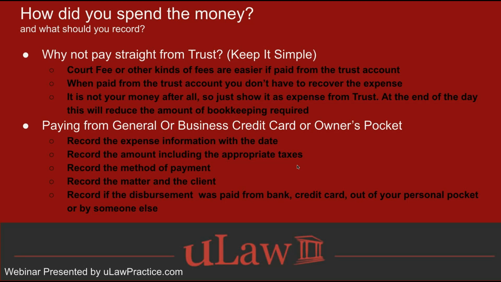So, why not pay straight from your trust? Why is there an option for general? You will have to identify that some expenses are best made from trust, and some are best made from general or your credit card or owner's pocket.